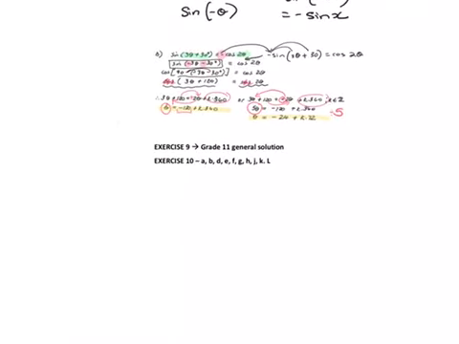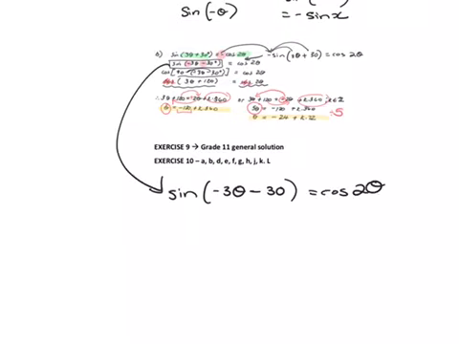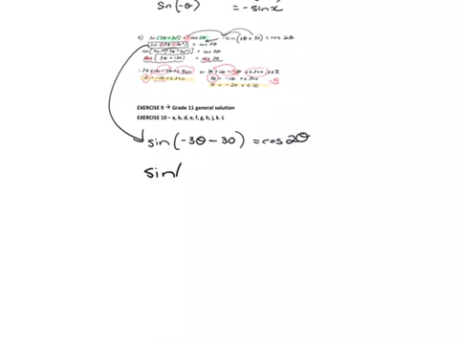All right, so if we're working from that same step, if we had sine of negative 3 theta minus 30 equals cos 2 theta, and I change the other side, it would be sine of 90 minus 2 theta.